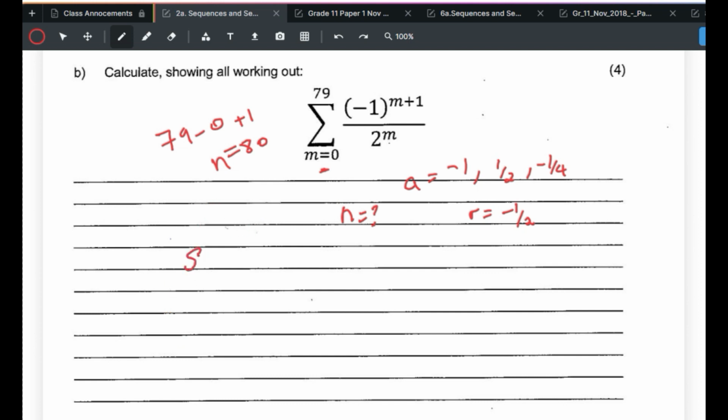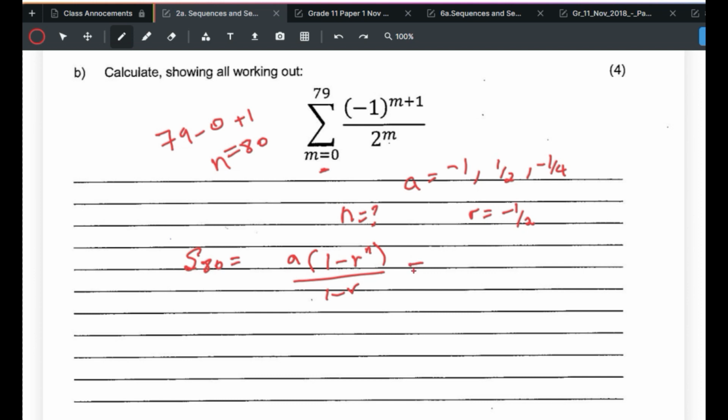S80 is equal to, okay, let's use this formula: a times 1 minus r to the n over 1 minus r. You can use either one, either this or the second one.